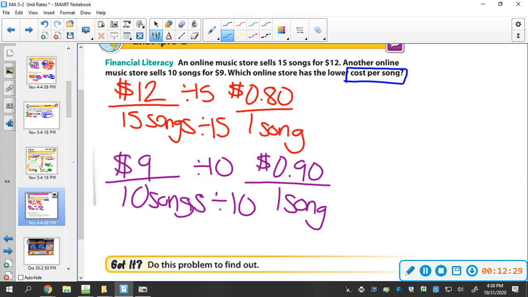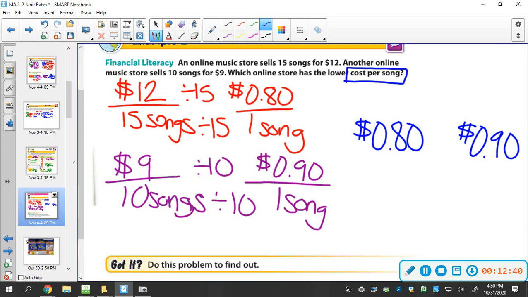So then we have to compare them. We look at our 80 cents. We look at our 90 cents. And we see which one is better. And when you think about it, 80 cents is less than 90 cents. So the first store has the lower price.